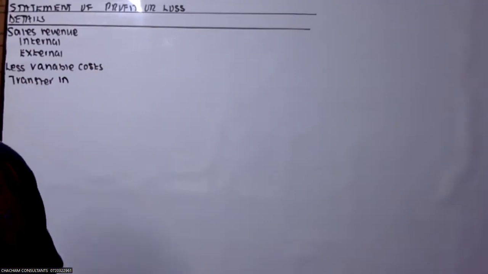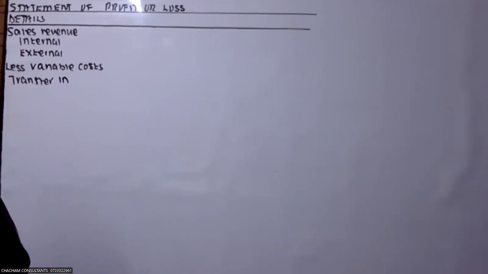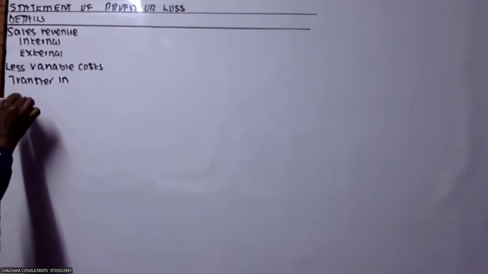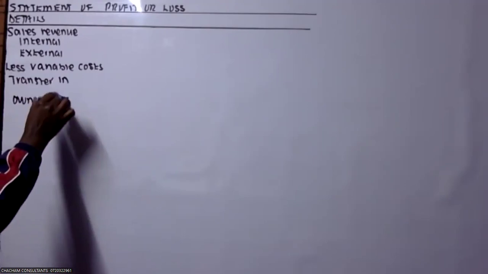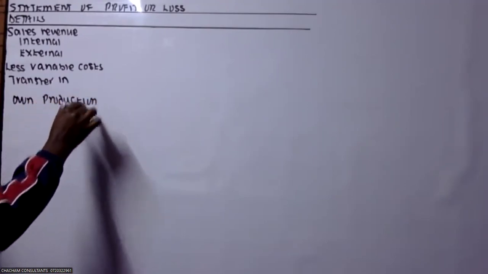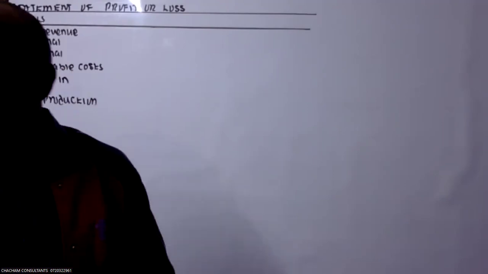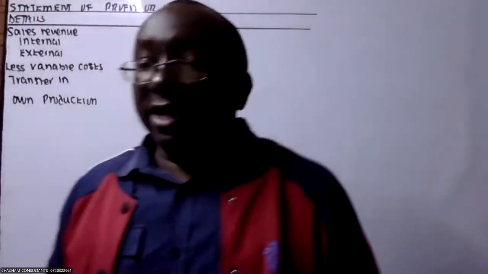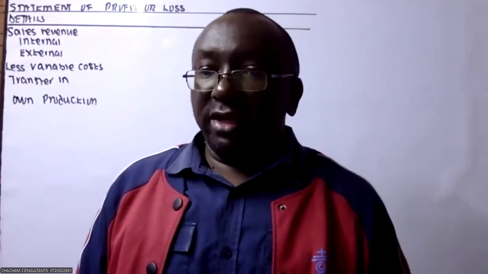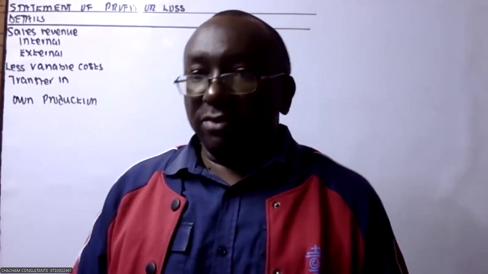The next one that comes in is own production. The third one that should come in, although it's not going to apply here, is if the receiving department can buy from outside.